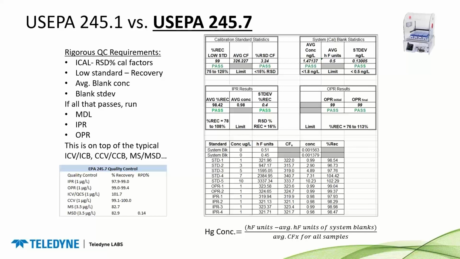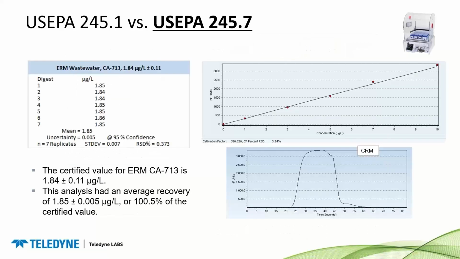And then if all of that passes, then you can run your initial precision in recovery, your ongoing precision in recovery, and your MDL. So that's all on top of your typical QC requirements, and before you can even start running any samples. So just really rigorous QC for that super low level 245.7.